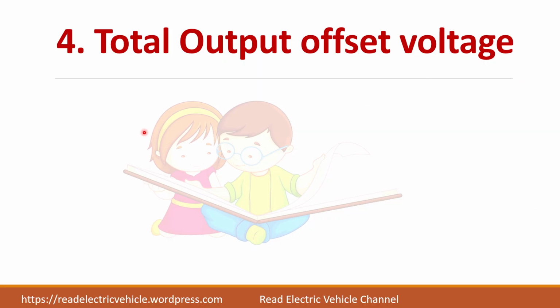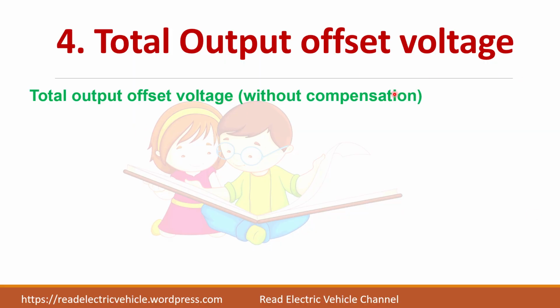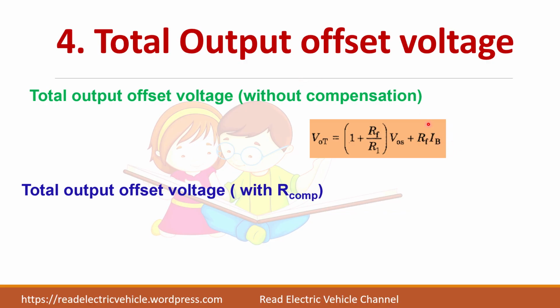In case you are not using any compensation like a bias current compensation, that resistor is not used, and your total output offset voltage will be equal to 1 plus RF by R1 into VOS plus RF into bias current. In case we have compensated this bias current, it becomes an offset current here.